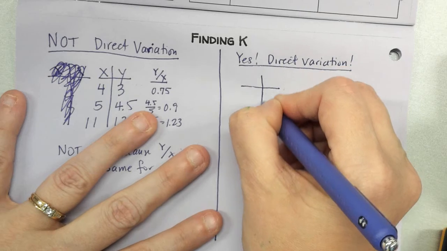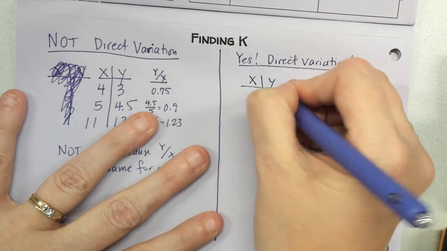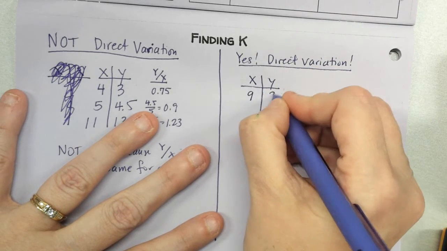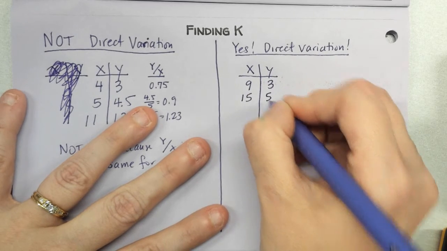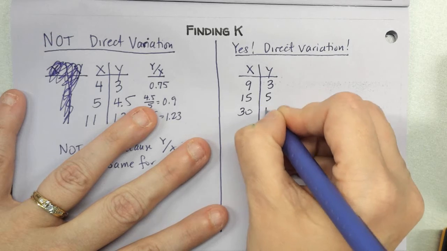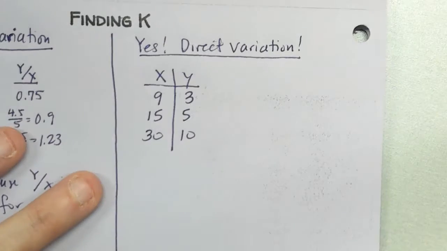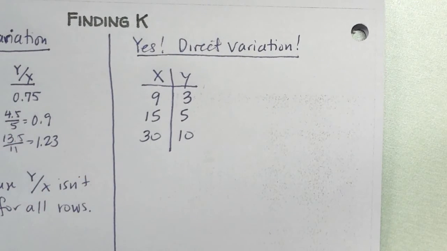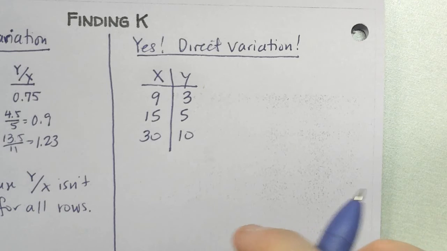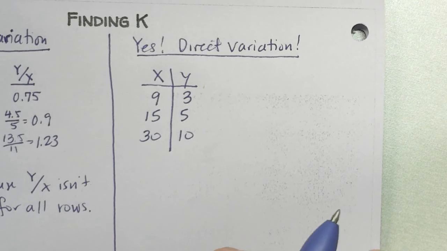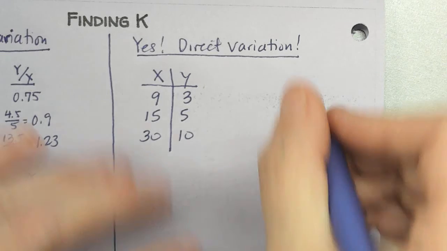Okay, so let's look at this table for this one. This one is 9, 3, 15, 5, and 30, 10. So let's look more closely at this one. All right. So what should I do now? Yes, find y over x, which is unit rate. Okay?